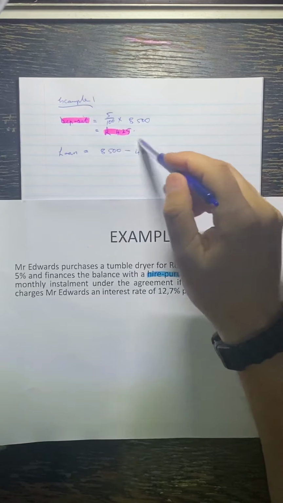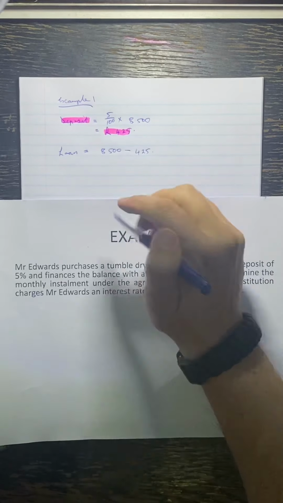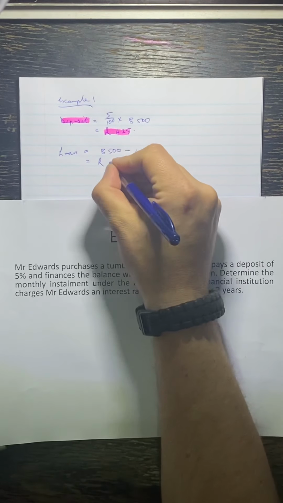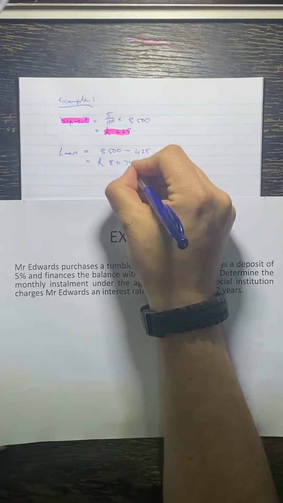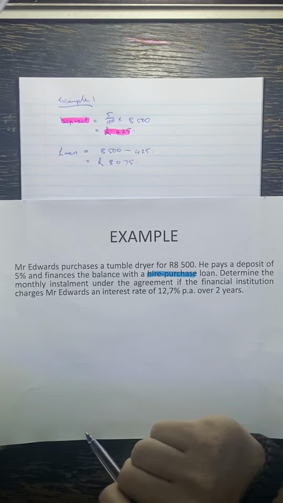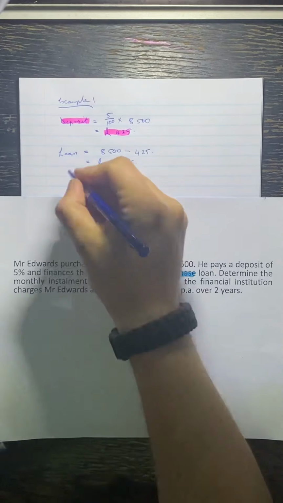So you need to take it off from the total amount, and that's what we're doing here. If we work this out, we get a loan amount of 8,075 Rand. So Mr. Edwards needs to borrow this 8,075. We know that it's hire purchase.